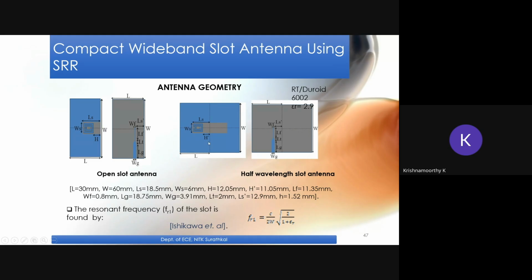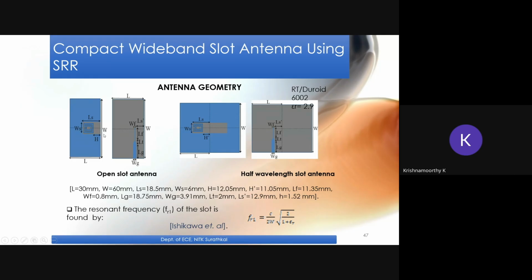So we can get the same kind of performance from this slot antenna or from the reduced length antenna. This antenna is half the length of this antenna, but due to its symmetrical nature, we can get similar characteristics to this antenna.